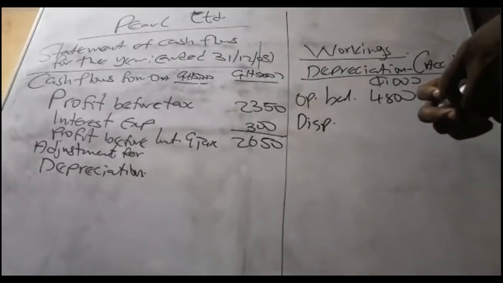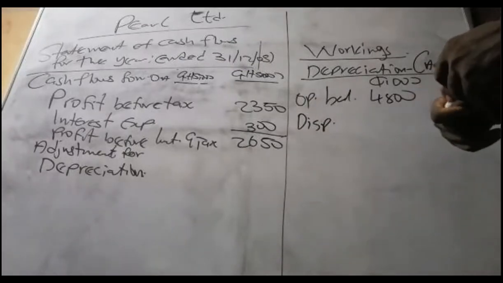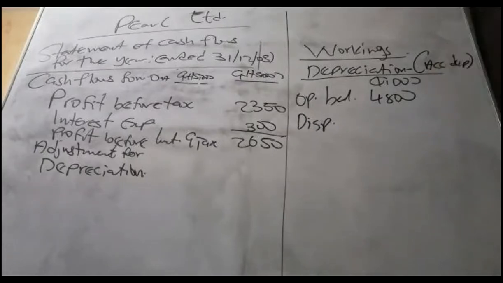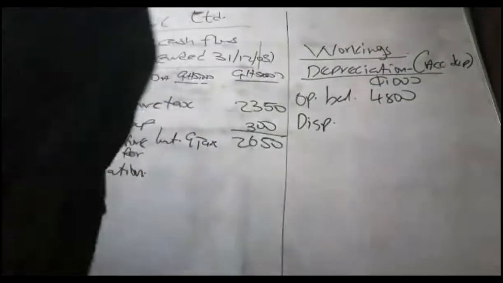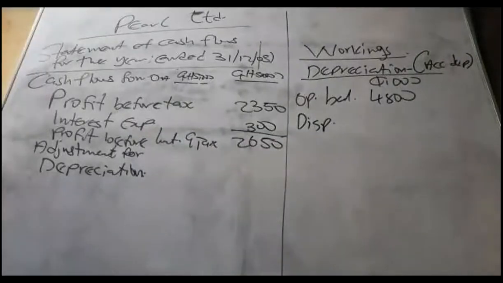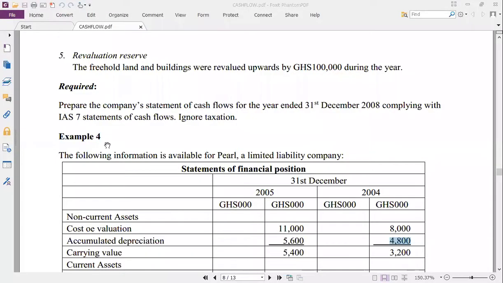Now, how do you find carrying amount from the IAS 16? The carrying amount is the cost minus the accumulated depreciation. But when you go to the question, note 1, let's pick the accumulated depreciation of the disposed assets, if it is there.